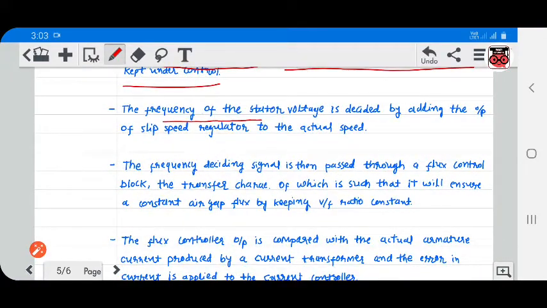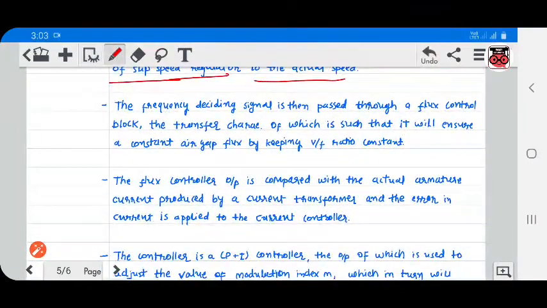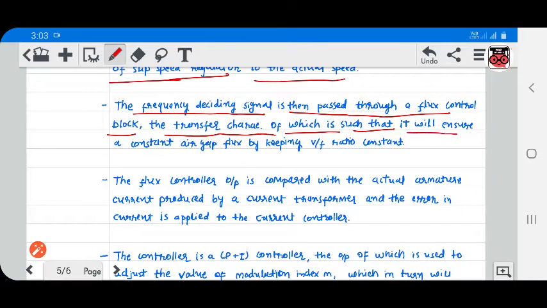The frequency of the stator voltage is decided by adding the output of the slip speed regulator to the actual speed. The frequency deciding signal is then passed through a flux control block, the transfer characteristic of which is such that it will ensure a constant air gap flux by keeping the V/f ratio constant.